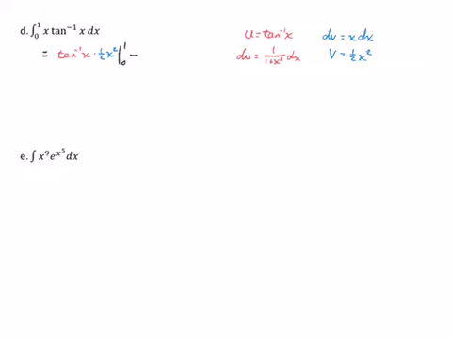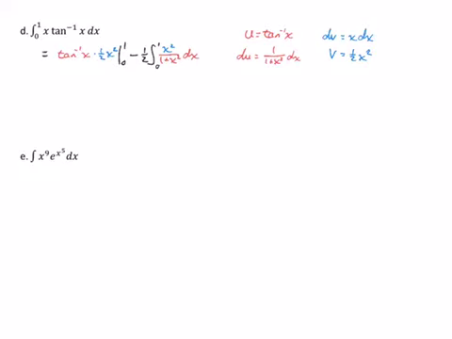I'm going to pull the 1/2 out front. And I want the integral of x squared, that's the v, times du. This is a strange one. x squared I'll put in the numerator, and then the 1 plus x squared I'll put in the denominator, and we have a dx there. Okay. And we want to do this as a definite integral from 0 to 1.